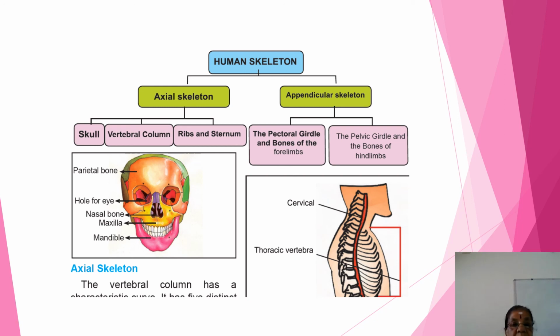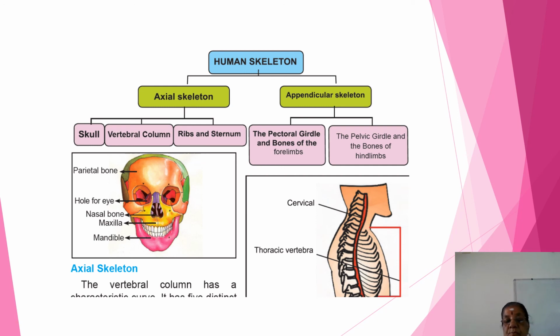And the skull description: facial bone, hole for the eye, nasal bone, maxilla the upper jaw, mandible the lower jaw. Whereas the appendicular skeleton is formed of pectoral girdle and bones of the upper limb, and pelvic girdle and bones of the lower limb, otherwise bones of the hind limb. The upper limb we call forelimb, the lower limb we call hind limb.